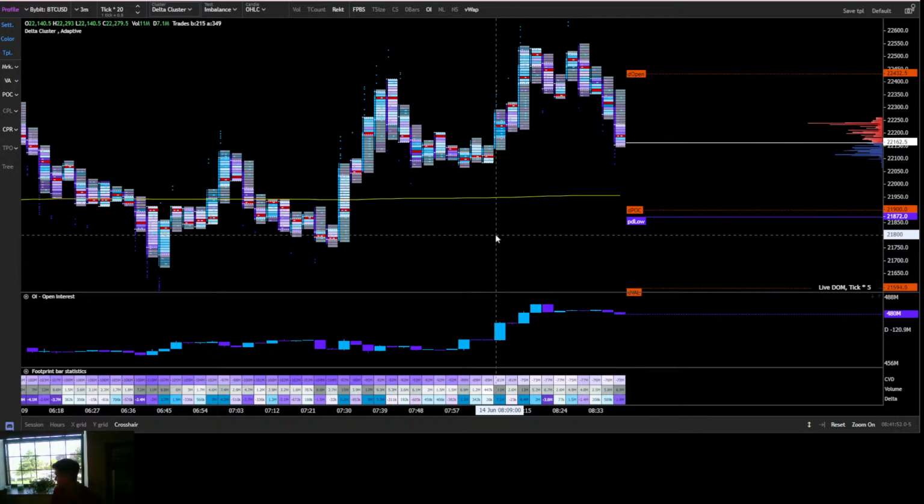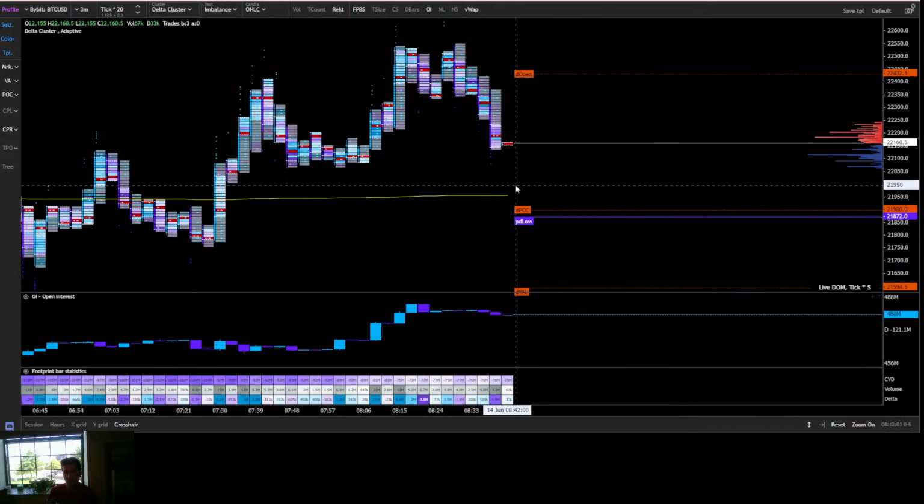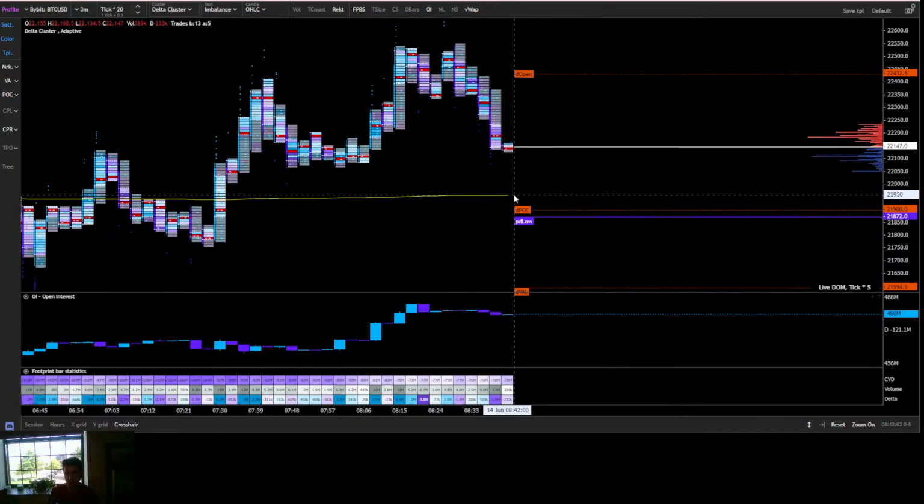So again, a lot of fear in the market at the moment. But nevertheless, we're looking at price gradually coming down towards its VWAP. That is the next point of interest.